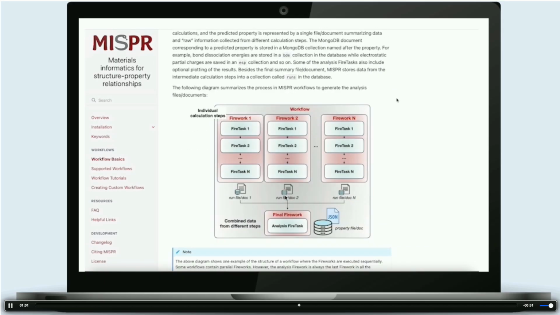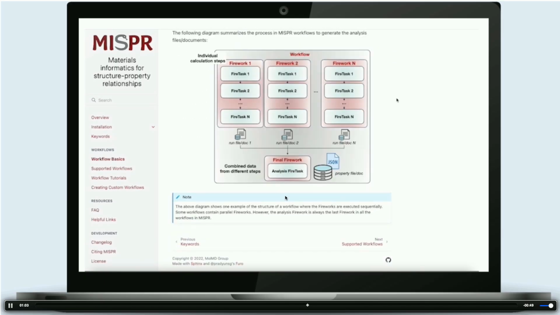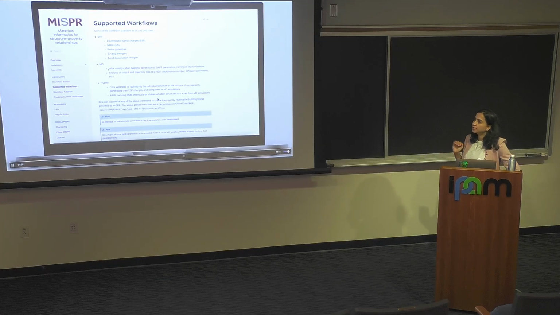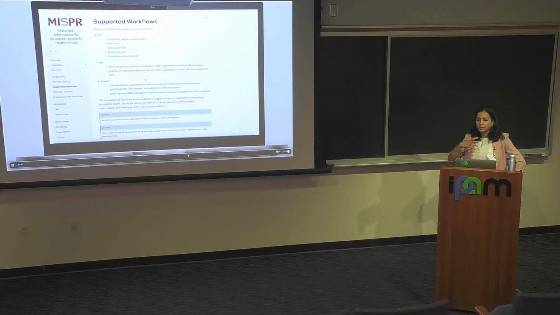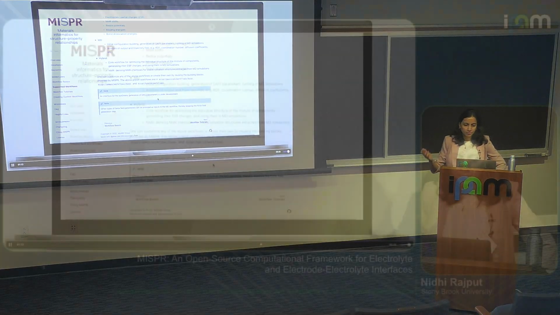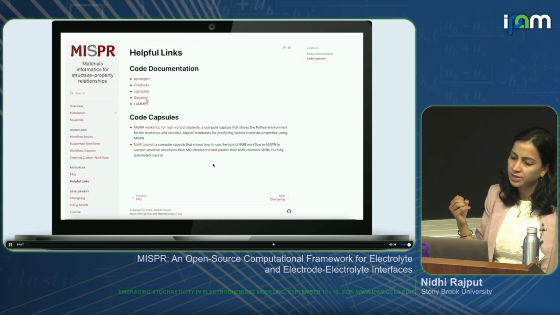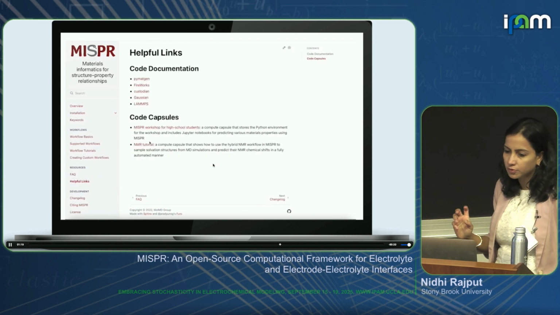So we are using the FireWorks package for workflow management here. As I mentioned, currently we have DFT-based workflows, MD workflows, and hybrid workflows, but anybody can use some of the basic utilities programs and develop their own workflows.